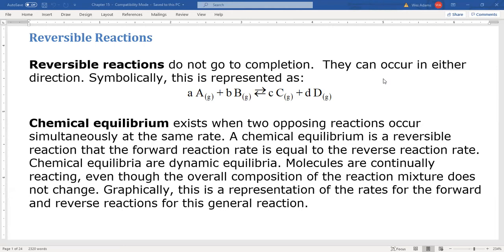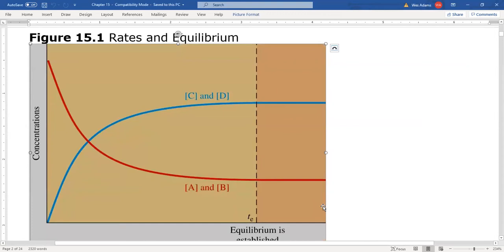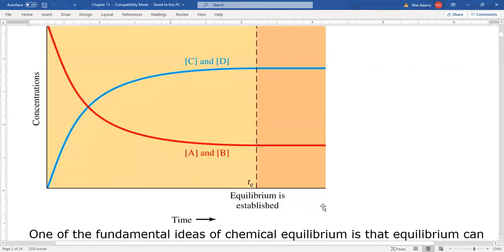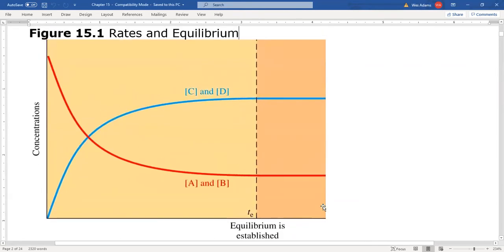We can look at that graphically for the forward and the reverse reactions. If we look at that reaction of A and B reacting to form C and D, where the x-axis is time and the y-axis is the concentrations, you can see the concentrations of A and B start high and they end up diminishing.